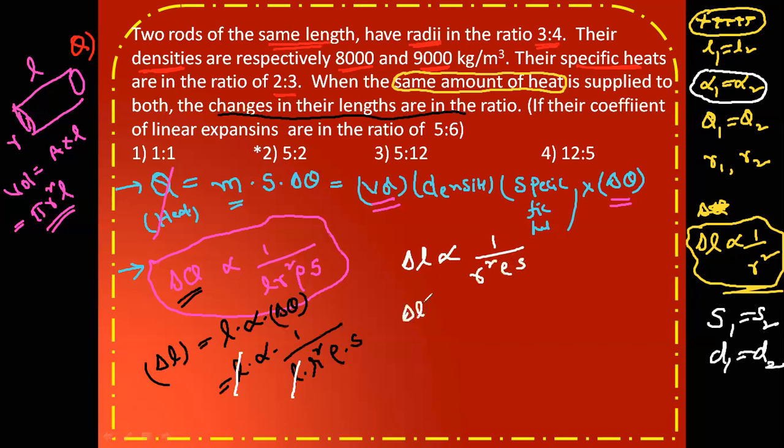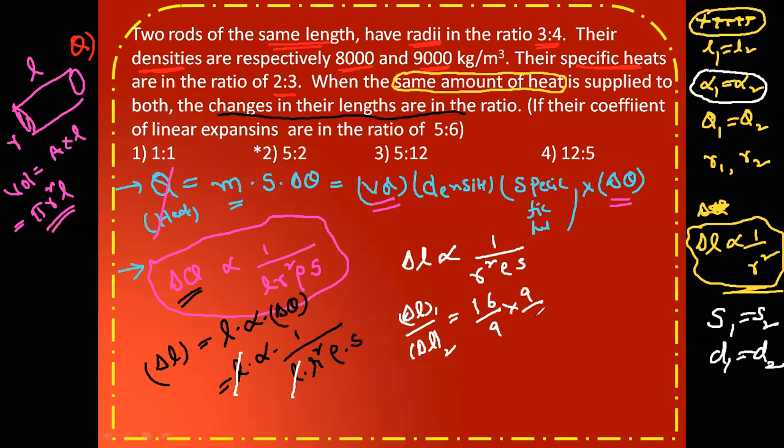So the final answer is delta L of 1 by delta L of 2 is equal to R2 by R1. What is the ratio of the radii? R2 upon R1 is 4 upon 3, so squared it means 16 by 9, multiplied with the ratio of the densities. Ratio of the densities means 9 is to 8.